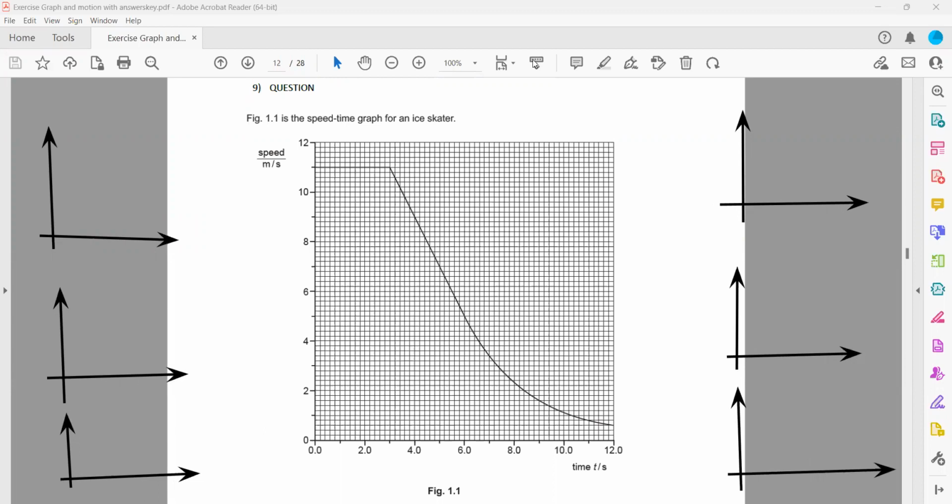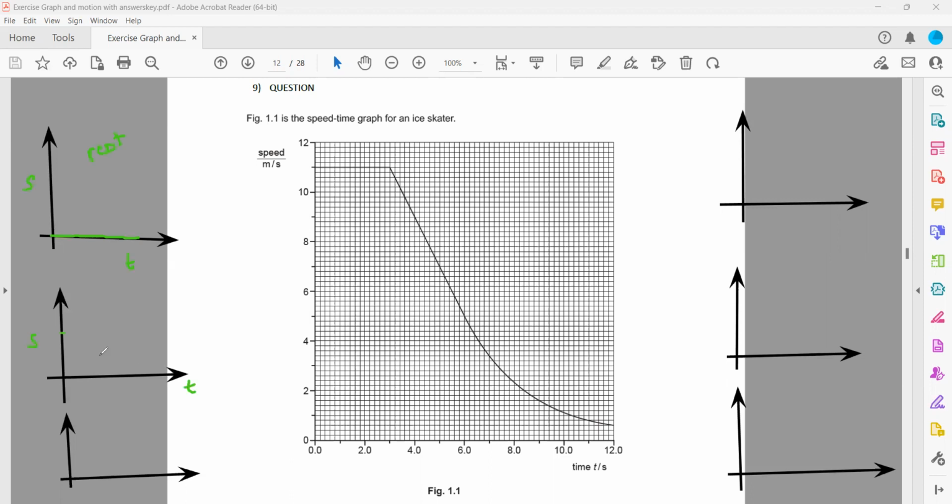So if we have a speed time graph, on x-axis we have time, y-axis speed. And if we have a horizontal line on x-axis, what it means is the object is not moving, at rest.